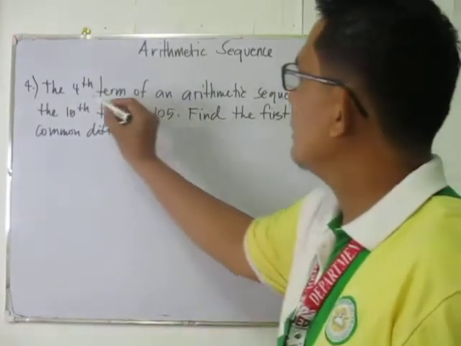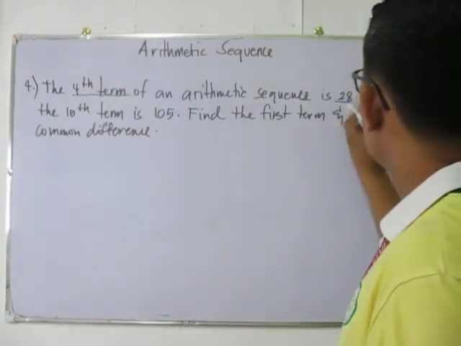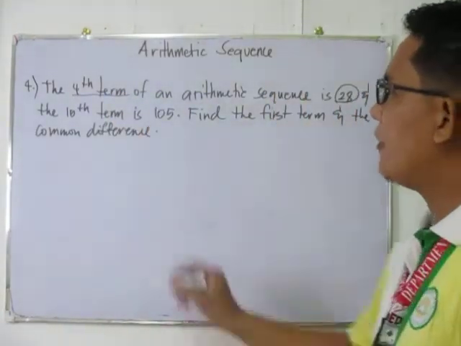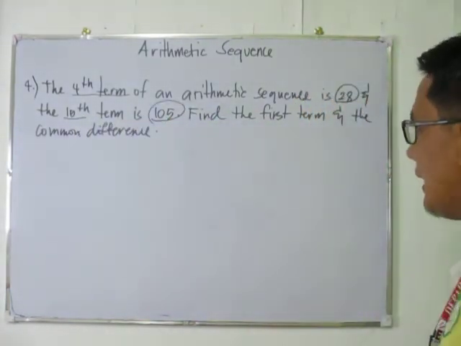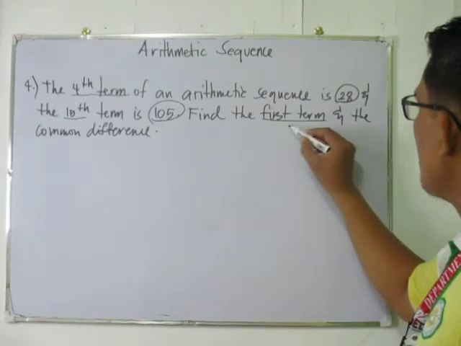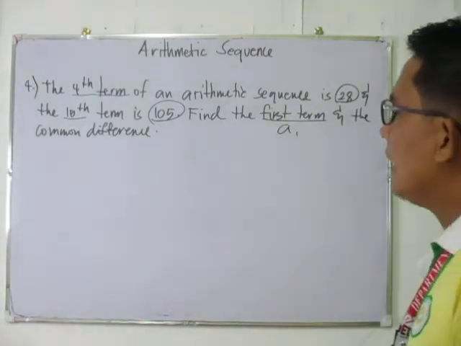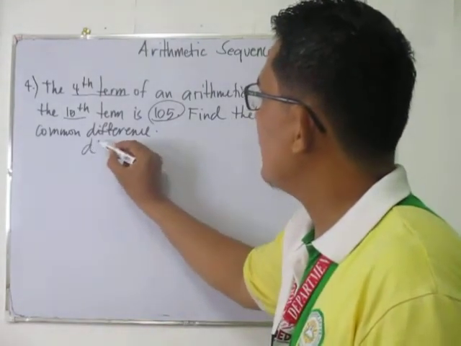So therefore, the fourth term is 28. And the 15th term is 105. So find the first term, and that is our a sub 1, and the common difference, and that is d.